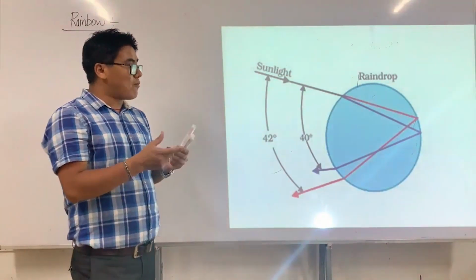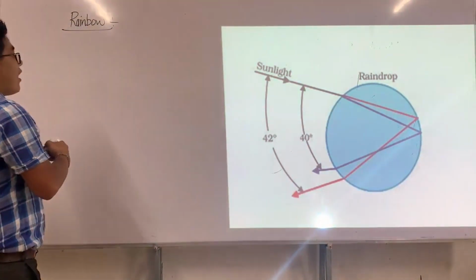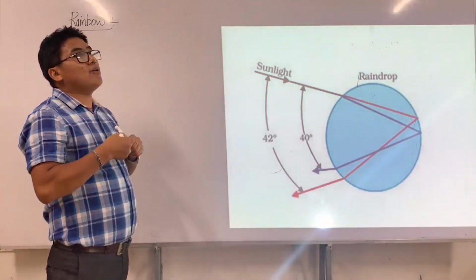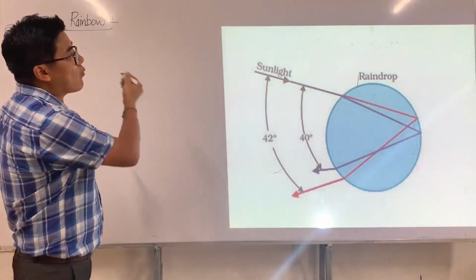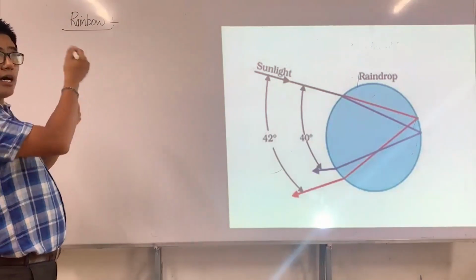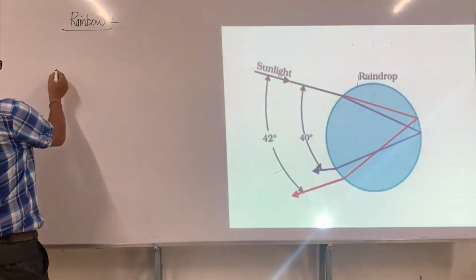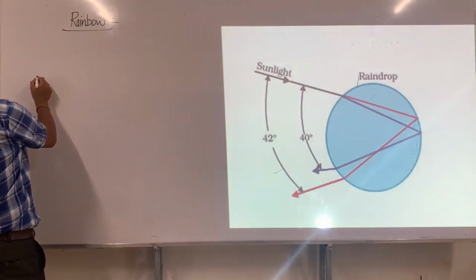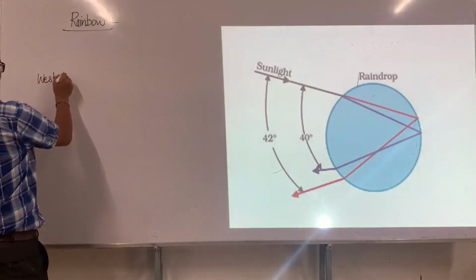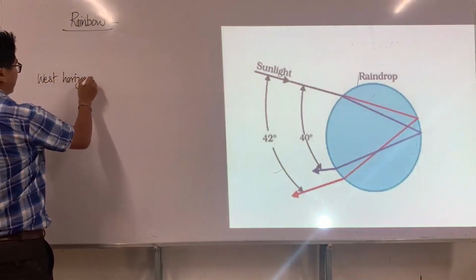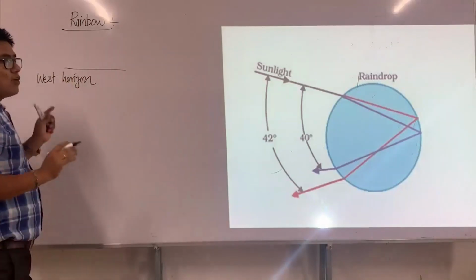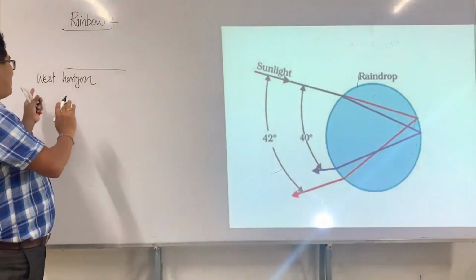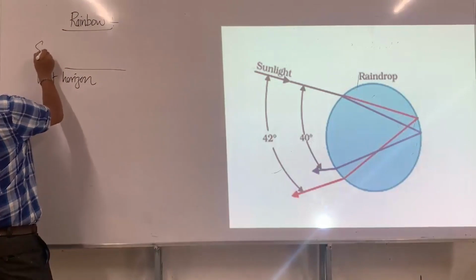So what I'm going to tell you is, let's say you are seeing at one part of Earth, that is, let's say this is the west horizon. You are seeing at the west horizon. This is the sun.